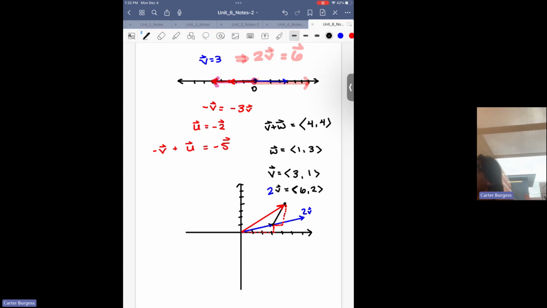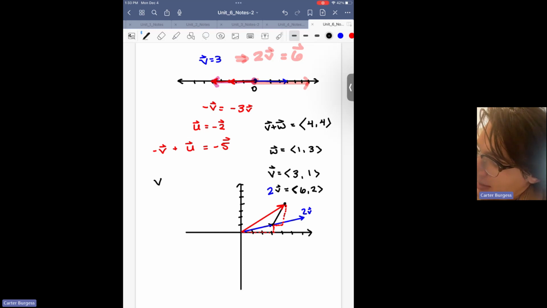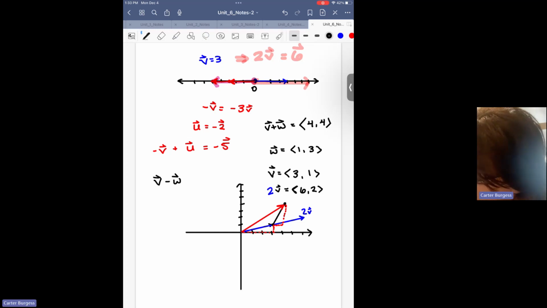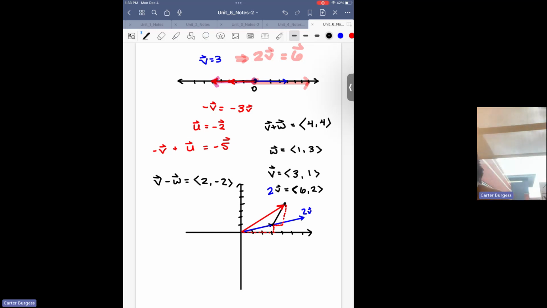I think an easier way to conceptualize the way we might subtract vectors, for instance, if I wanted to take v minus w, algebraically, this is going to be fairly straightforward. It'll be exactly what you suspect. You subtract the x values, you subtract the y values. That's not too bad.